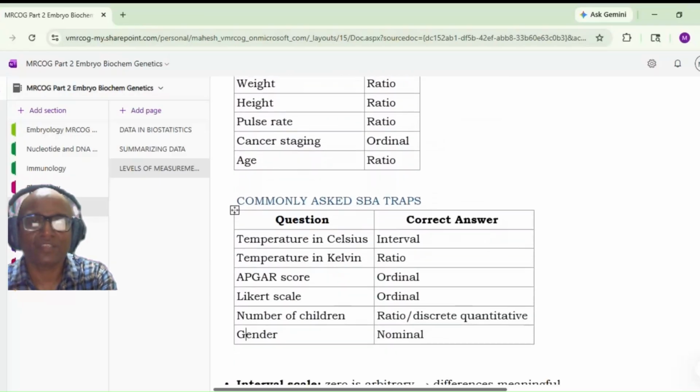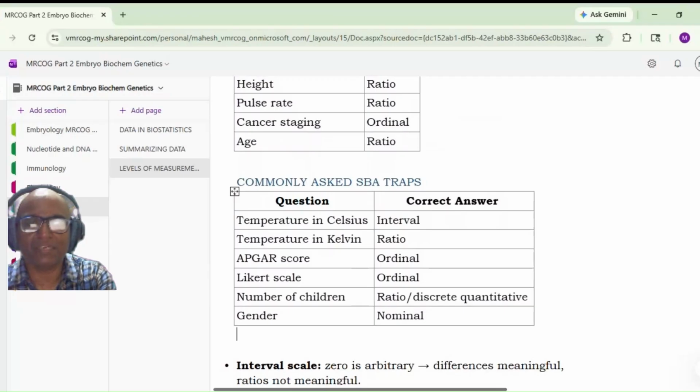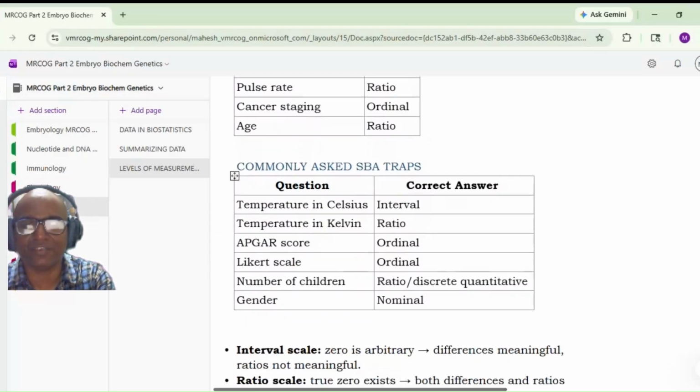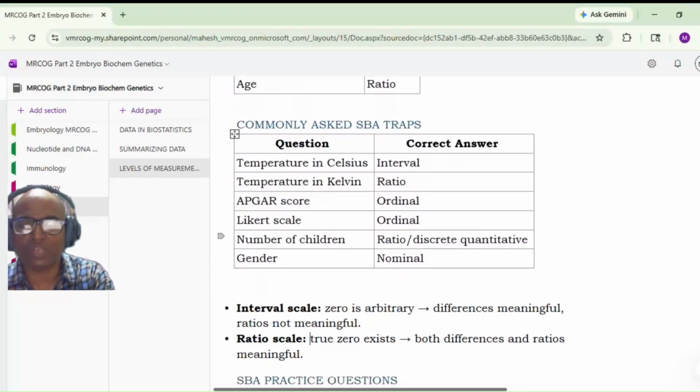Commonly, what you should remember: temperature in Celsius is an interval scale, temperature in Kelvin is a ratio scale. Apgar score is ordinal. Likert scale is ordinal. The number of children is a discrete quantitative variable. Gender is a nominal scale.